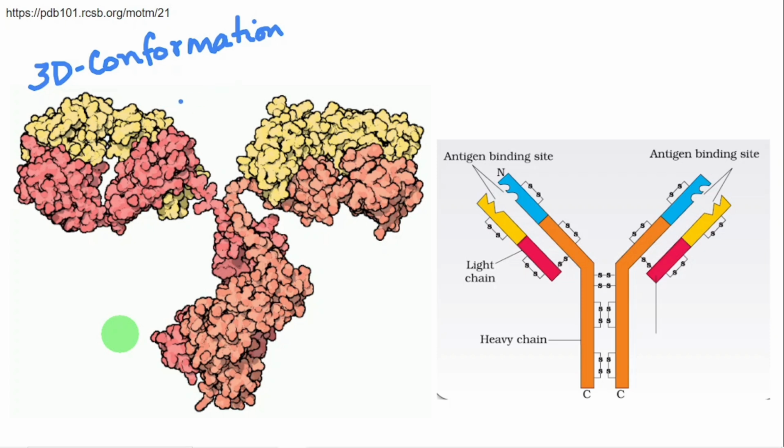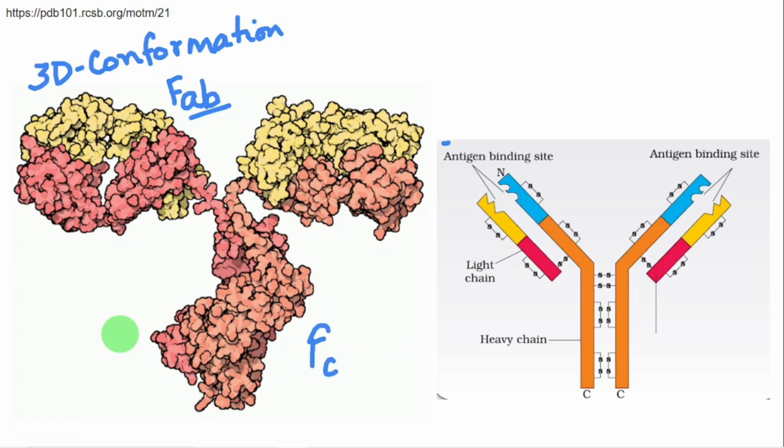So the heavy chain and light chain together will form the antigen binding site. So this is called the fragment antigen binding site. This region is called antigen binding. And this region is called the fragment which is constant.